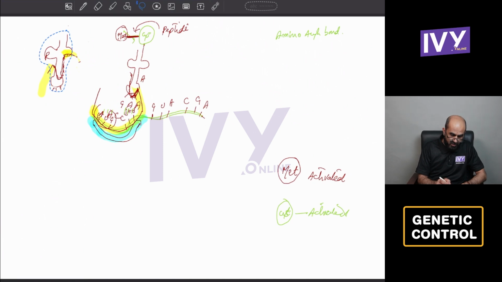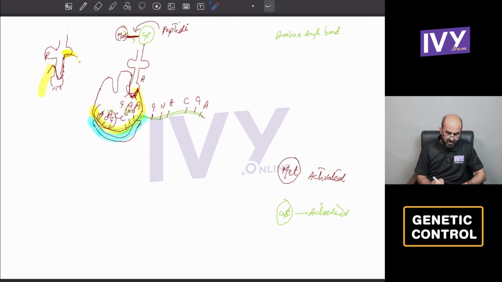And the ribosome, so the P site remains open now and the A site has been occupied. Once this occurs, the whole ribosome moves one step ahead.